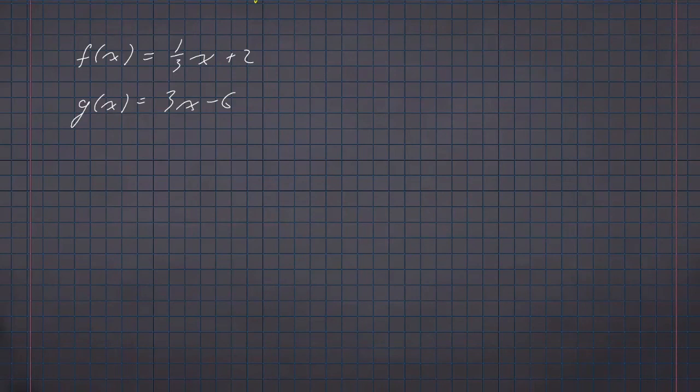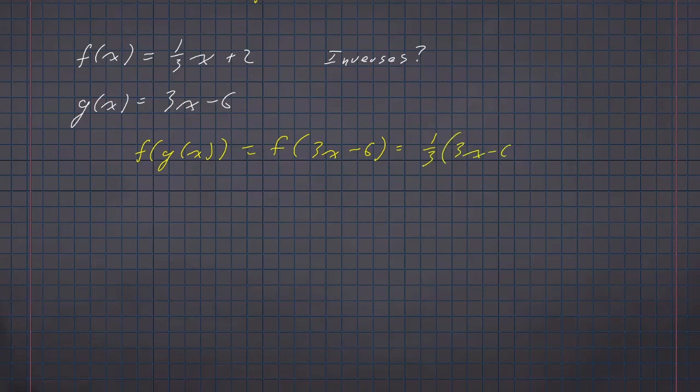But again, if we are asked if the functions are inverses, that means we want to evaluate f of g of x, which is f of 3x minus 6, which is 1/3 times 3x minus 6 plus 2. Distributing, 1/3 times 3x is x, 1/3 times minus 6 is minus 2, and minus 2 plus 2 is equal to x. But you do always have to check in both directions.